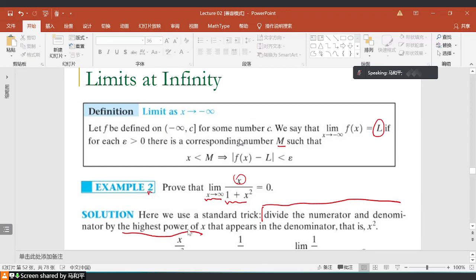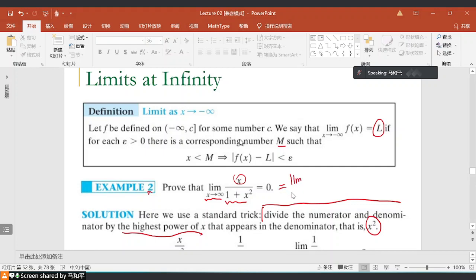The highest power of x in the numerator is x, and in the denominator it is x squared. So the highest power of x that appears in the denominator is x squared.